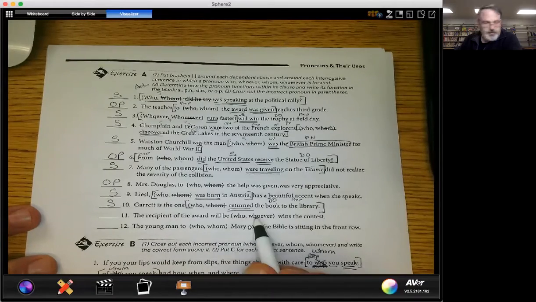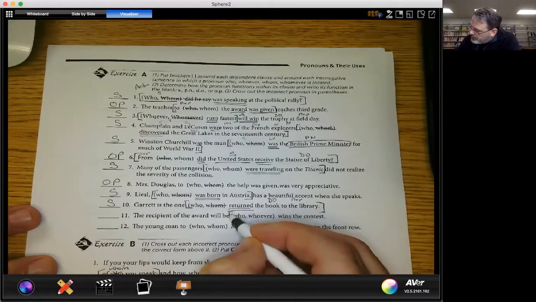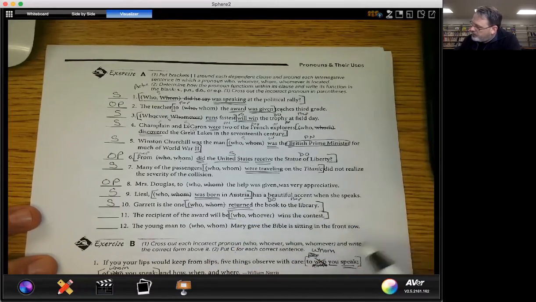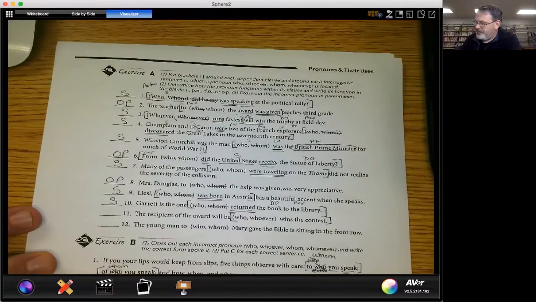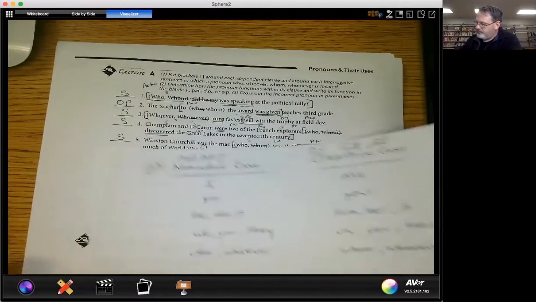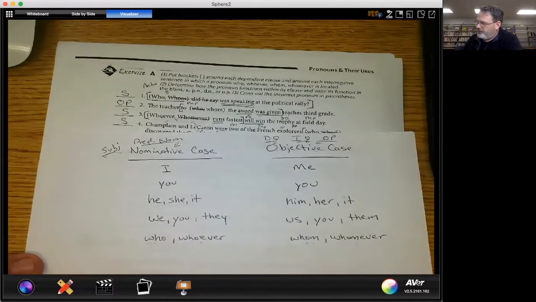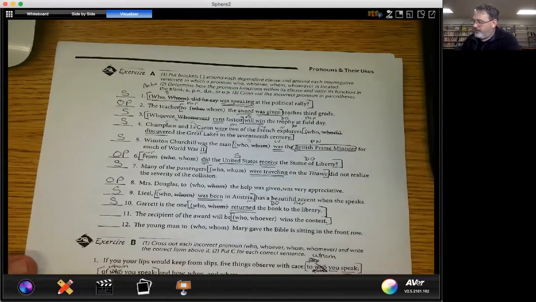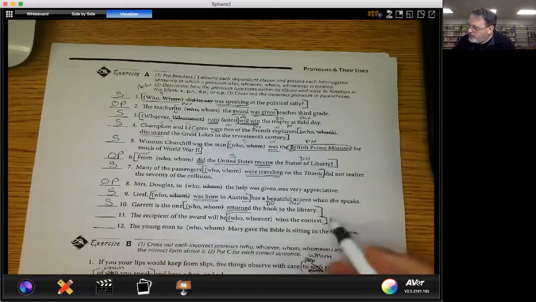The recipient of the award will be who or whoever wins the contest. That's a statement. So let's see. The clause would be who or whoever wins the contest. Now this one's interesting because both of those, who and whoever, are nominative case. So we just got to figure out which is the correct answer because we know that both of our options are nominative case. Okay. Well, what is this?